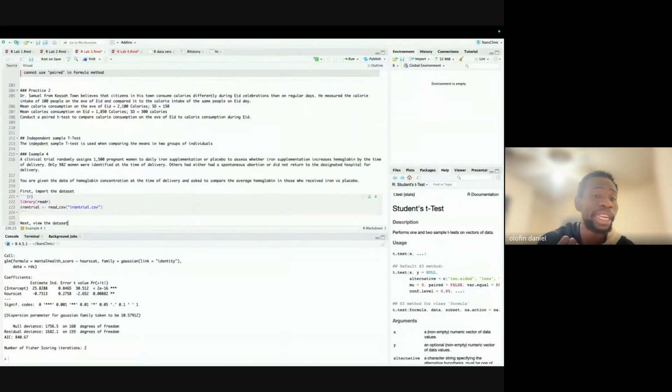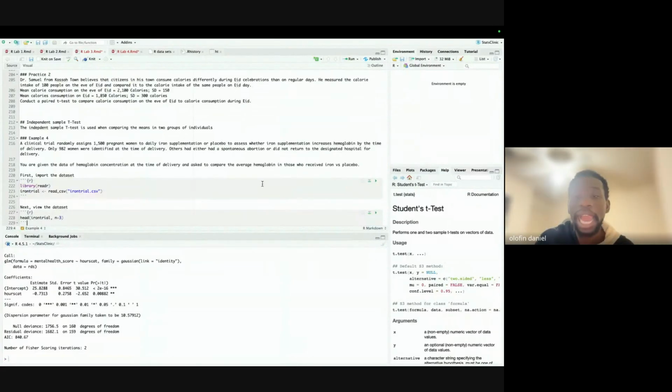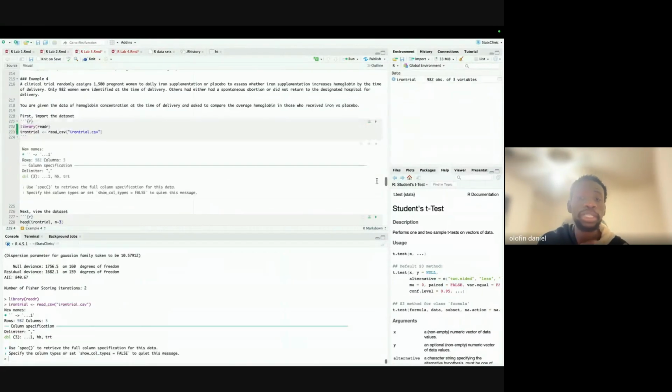Only 982 women were identified at the time of delivery. Others had a spontaneous abortion or did not return to the designated hospital for delivery. So we have the data, the iron trial. What we want to do is compare the placebo group against the iron supplement group. As you can see, the placebo group is totally different from the iron supplement group.